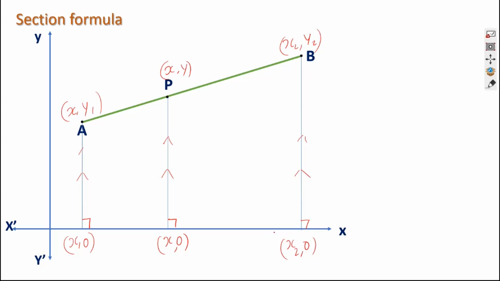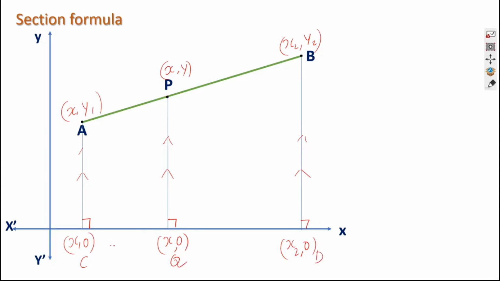I would like to name these points as A, B, C here, P and Q here, and B and D here. We have the coordinates of A, P, B, C, Q and D now, right?